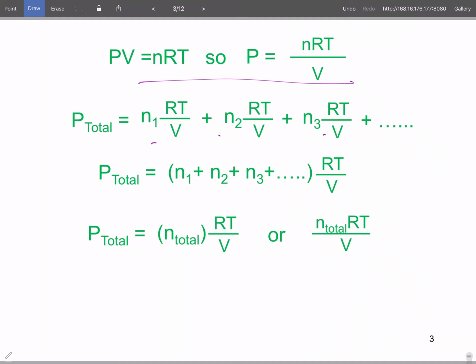We're combining each species. If we combine the ones that are constant, that leaves us with the ones that are changing. So that gives us the number of moles total, RT. So the pressure total is equal to the total number of moles using the gas.